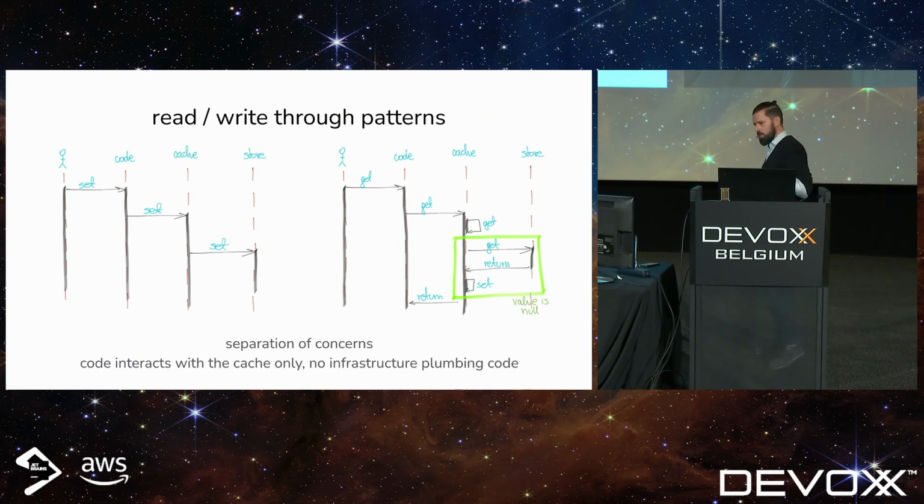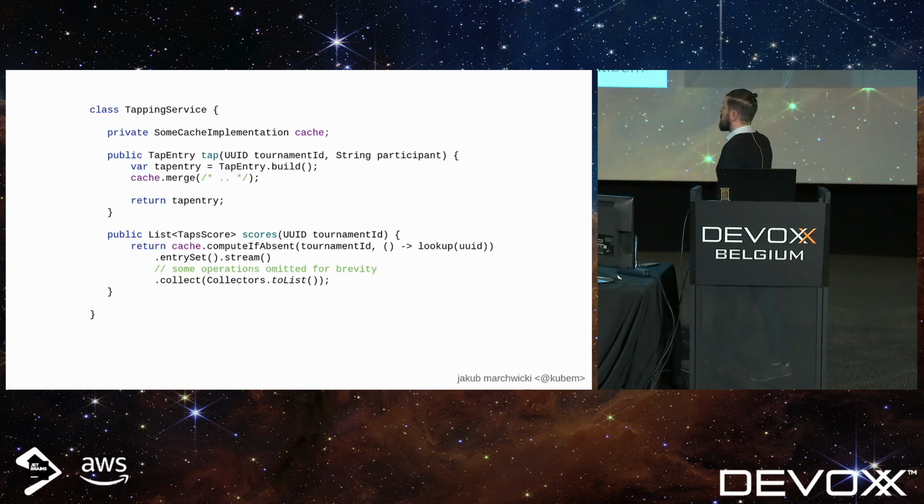So here, we can clearly separate the concerns. We have our code that interacts only with the cache, and there's no infrastructure plumbing code. The infrastructure plumbing code is delegated to another layer. That makes certain things easier. So when we had this topping service, I consciously put some caching implementation on top because we don't really care what implementation we will use.